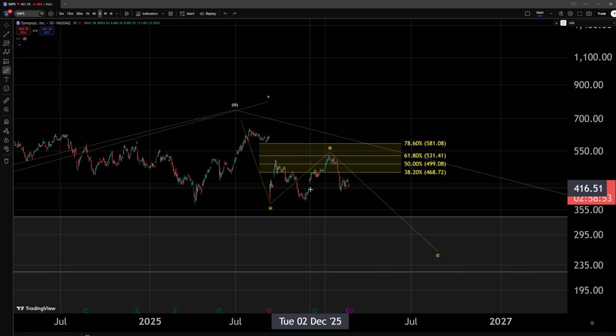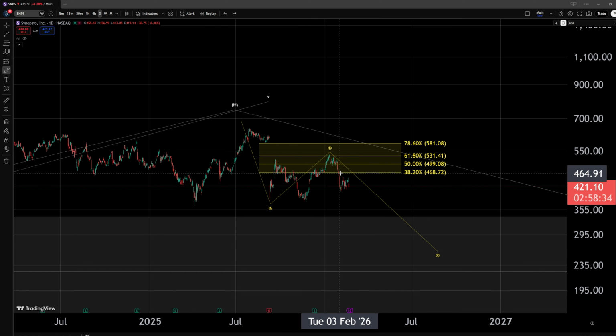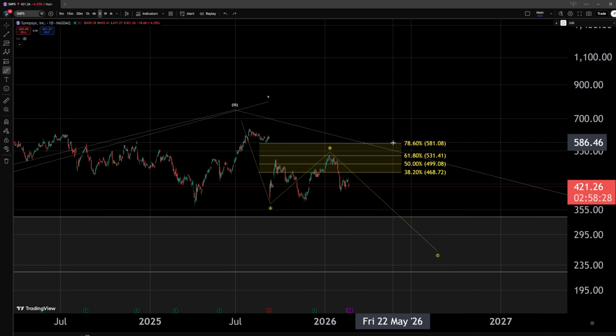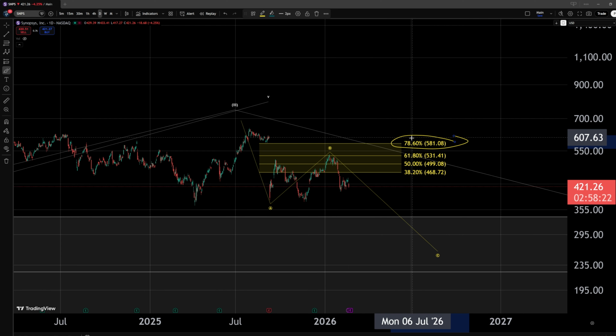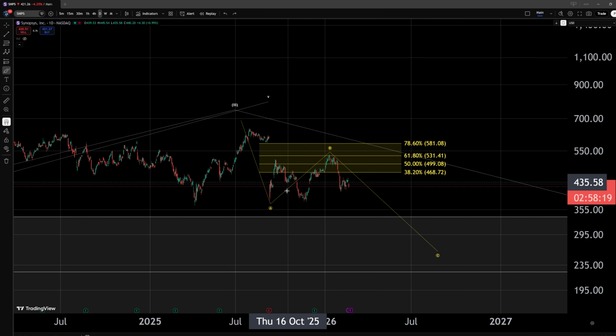I'm not too focused on the exact count within this area, and I'm not here to debate the actual count. Yeah, I could be looking at it as a 5-wave move, I could be looking at it as a WXY. In either case, it allows some flexibility indeed, but I wouldn't overthink it, and I would still be focused on the area of resistance that still needs a break above the $581 level for a stronger signal that a more substantial bottom would actually already be in place.